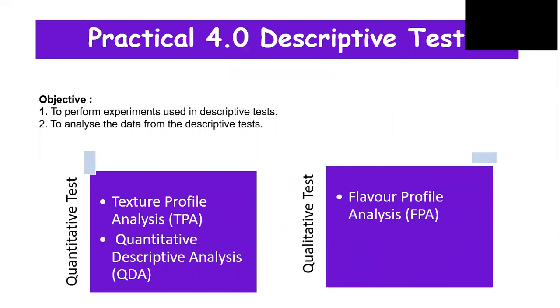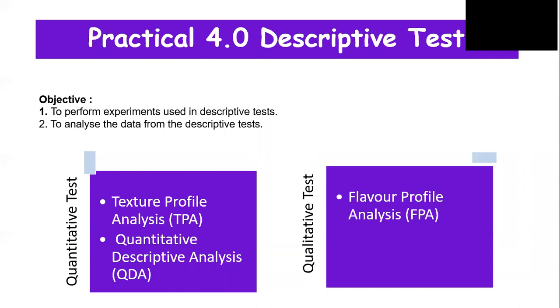Basically, we can divide this descriptive test into two types, which are quantitative and qualitative. From the term itself, quantitative means that these trained panelists will give us data, data from the sensory score that they give to us.